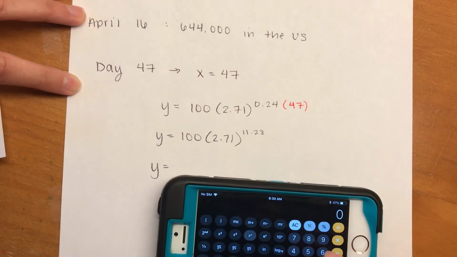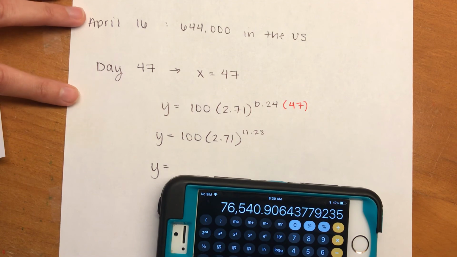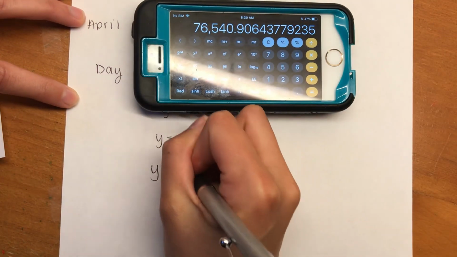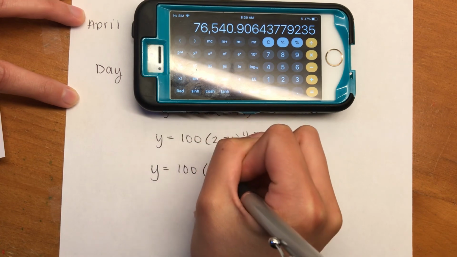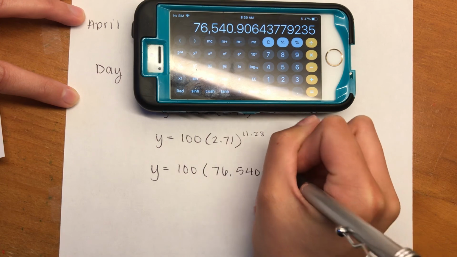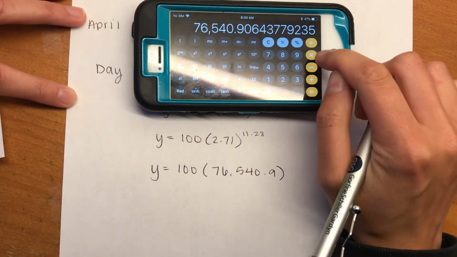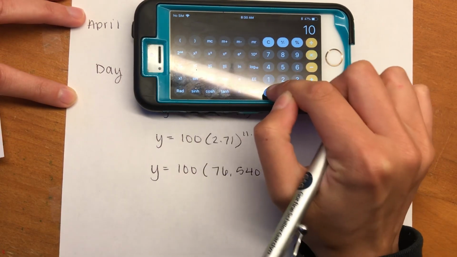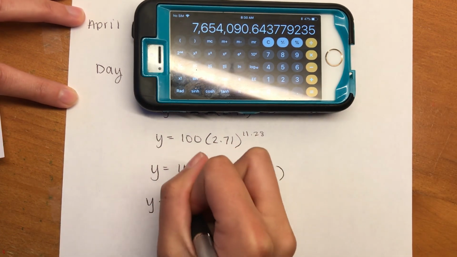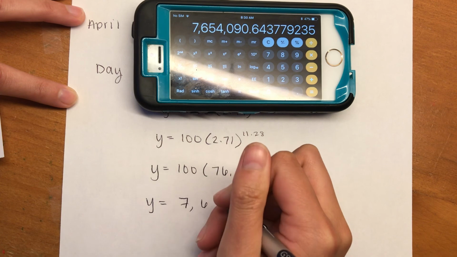Oh, 11.28. Okay, so I get 76540.9. So I have y equals 100 times 76540.9. Okay, so now I'm going to multiply this by 100.